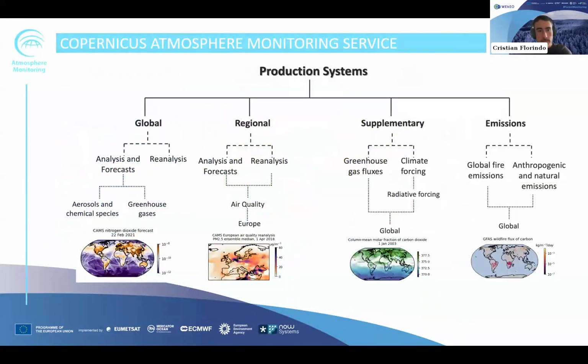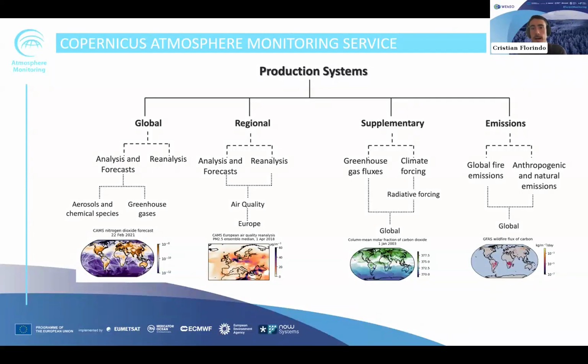In the Copernicus Atmosphere Monitoring Service, you'll also find many data sets covering the composition of the atmosphere, usually global, but you can also find some regional data sets.